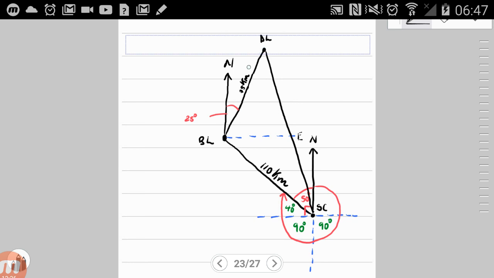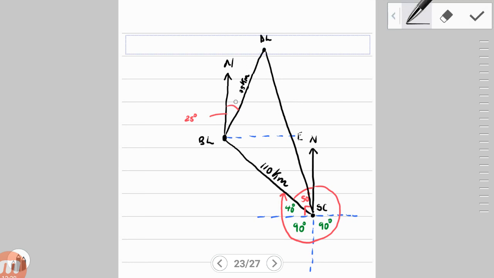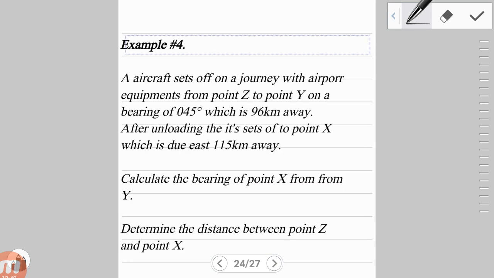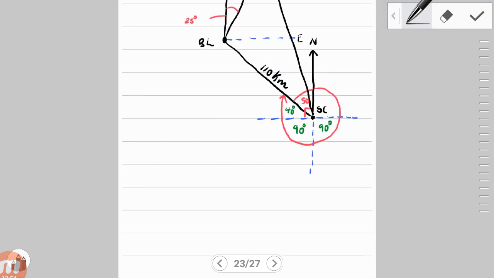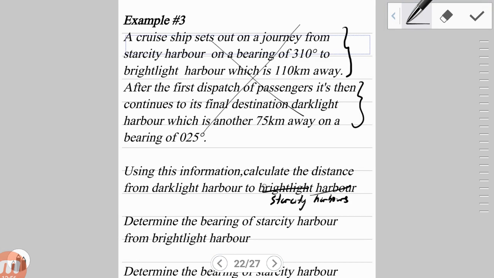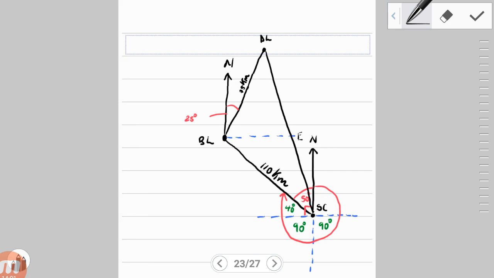I would have already known that the distance is 75, so there wouldn't be any point in me asking you to find that. So I think the error occurred in the typing of the question. It would have been Star City to Dark Light, or Dark Light to Star City. That would have been the actual question. I do apologize for that. So we're looking for this distance here, from here to here.